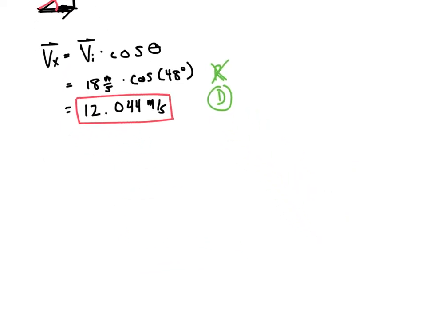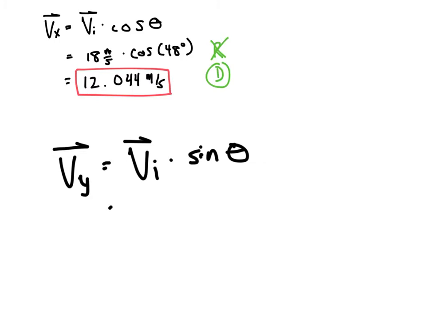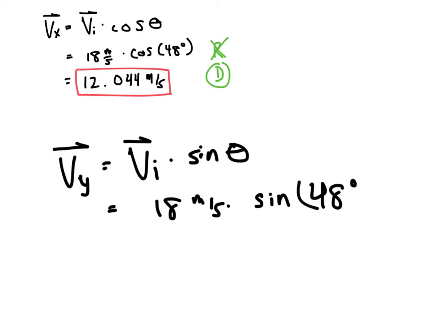And let's calculate the initial vertical velocity. Let's do the same sort of thing. We know that Vy is equal to the initial velocity times the sine of theta, which in this case is 18 meters per second times sine of 48 degrees.